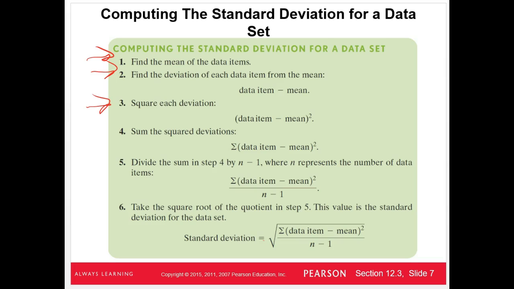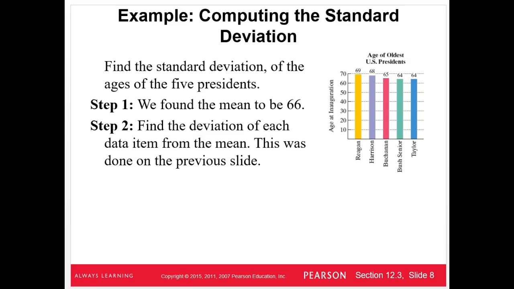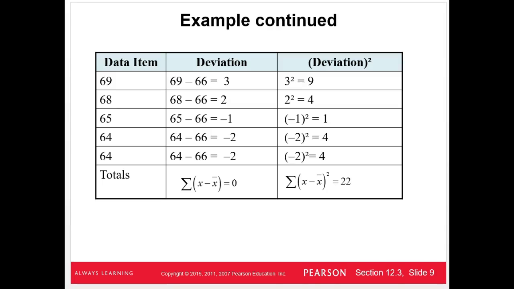So we found the mean, we subtracted the mean to get the deviations. If I now square each one of those deviations, 3 squared is 9, 2 squared is 4, and those negatives, when I square those, I get positives. So everything's positive. So I've squared the deviations.